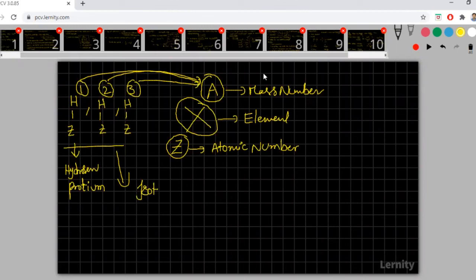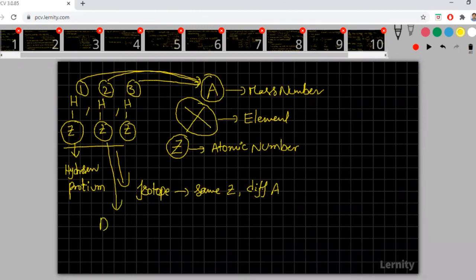Isotopes have the same Z value but different A. Here you check, all have the same Z value but differ in A. Hydrogen has 3 isotopes. The first is protium, the second is deuterium, and the last one, H 1 3, is called tritium. Understand clearly here?